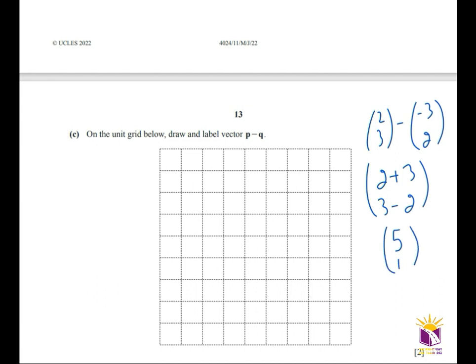For the x-axis it will be 5 and for the y-axis it will be 1. So starting point, 1, 2, 3, 4, 5 and 1. So it will be like this one. 5 along the x-axis and 1 along the y-axis.